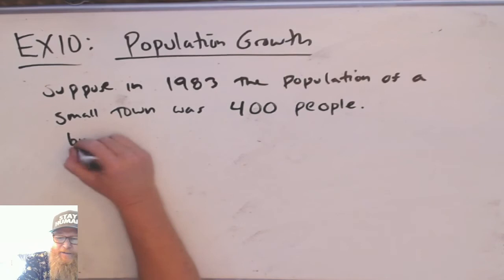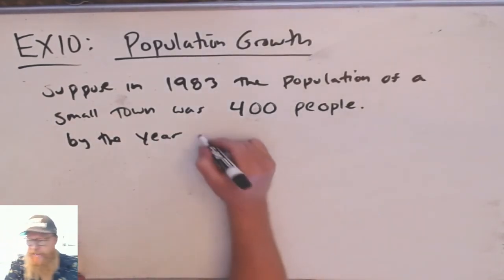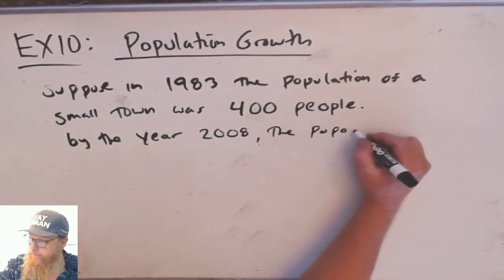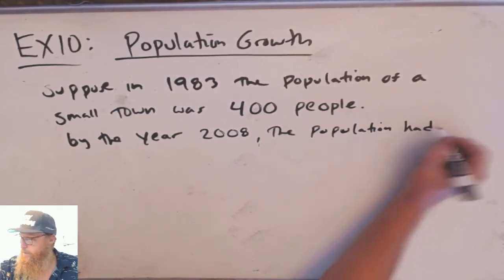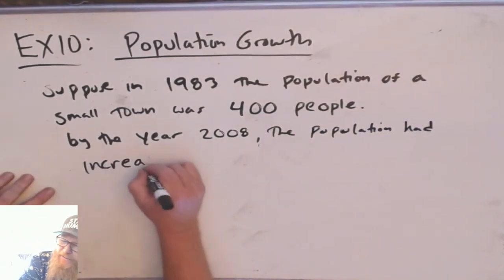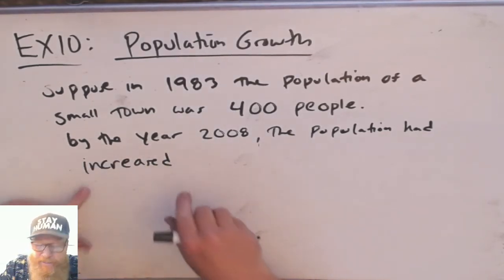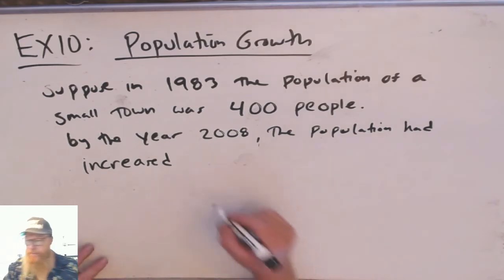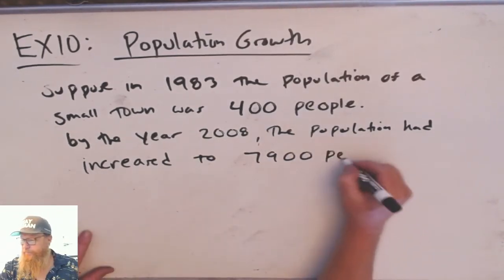Okay, by the year 2008, the population had grown or increased. All kinds of little clues that I'll put in the word problems tell you whether it's going up or going down. So I'll say increased to 7,900 people.